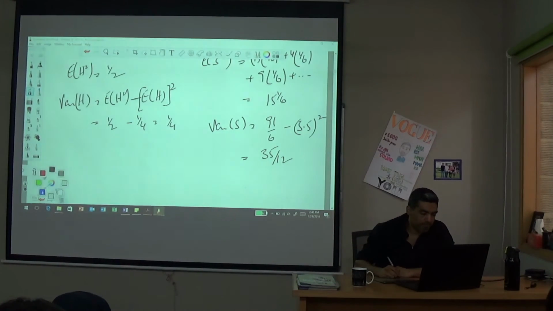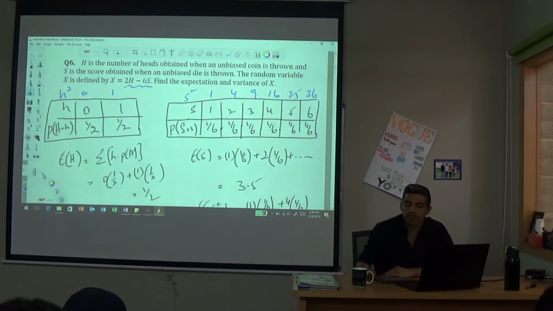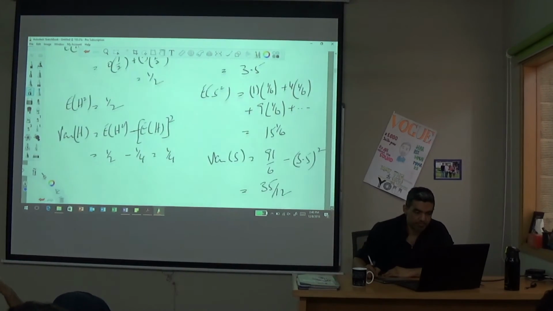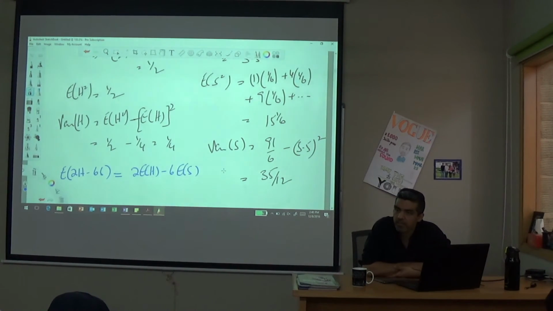So now we can calculate the expected value and the variance for 2h minus 6s. Expected value of 2h minus 6s would be equivalent to 2 times expected value of h minus 6 times expected value of s, right?